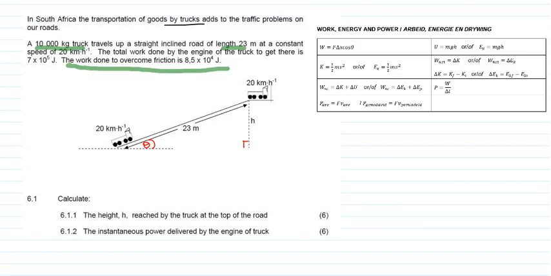Let's say maybe it had 60 degrees, I can use sine. I can just say sine 60 degrees would be equal to h over that 23. Then in that way you'll be able to get the height.